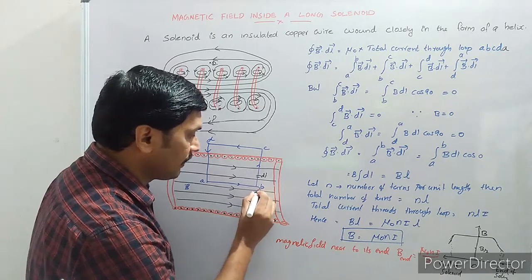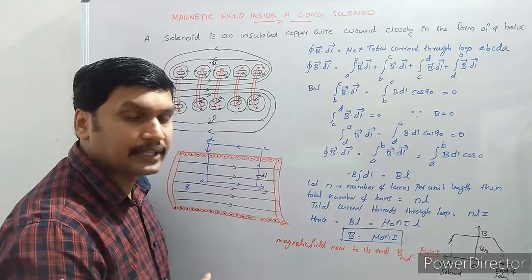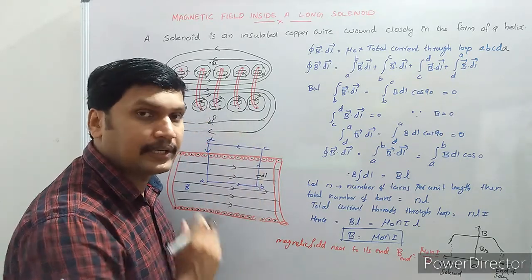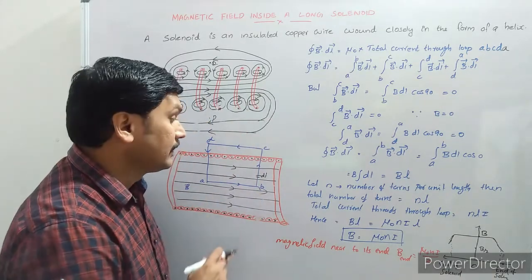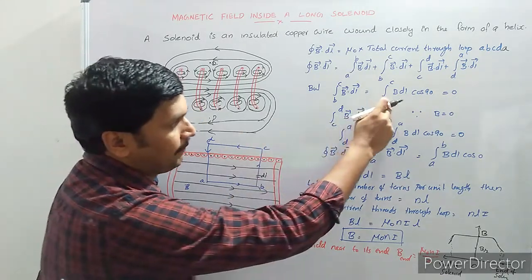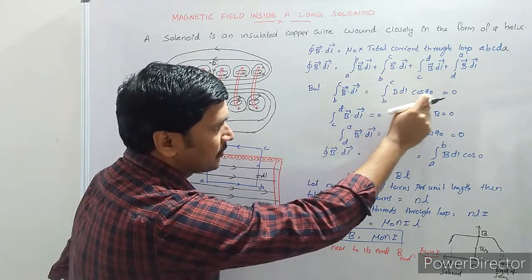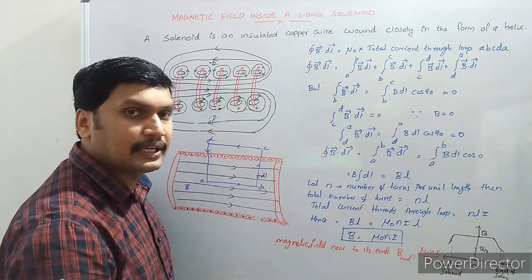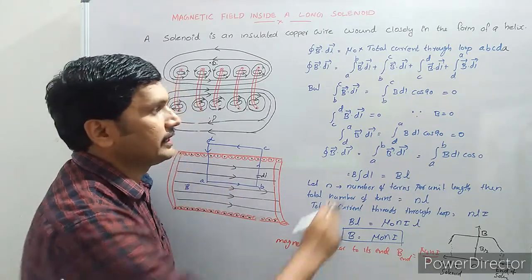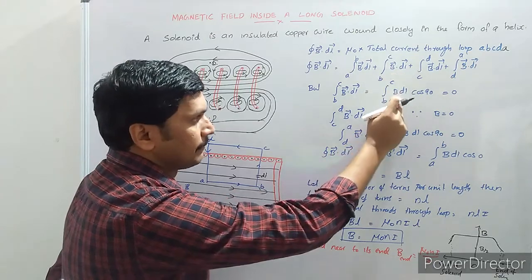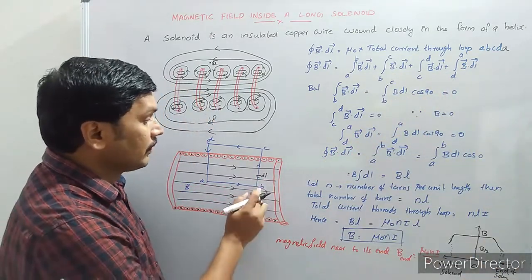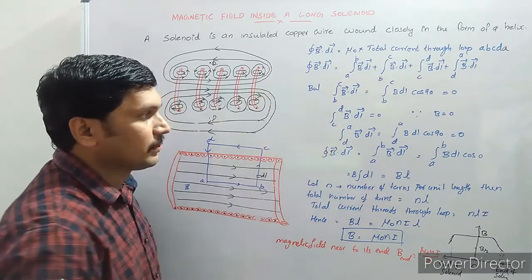The direction of magnetic field is perpendicular to it, so the angle between B and dl from B to C is 90 degrees. We know that B dot dl is equal to B dl cos theta. Here theta is 90 degrees, so B dl cos 90 is equal to 0 because cos 90 equals 0. So B dot dl from B to C is equal to 0.